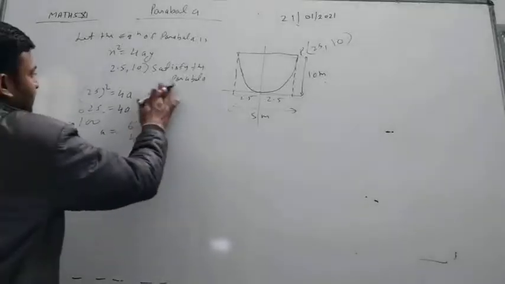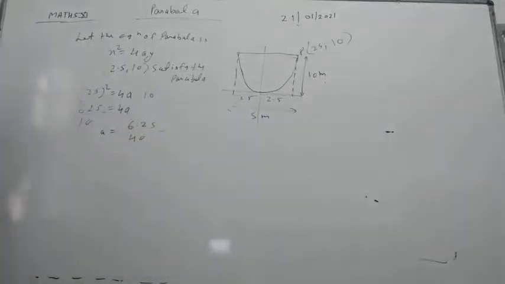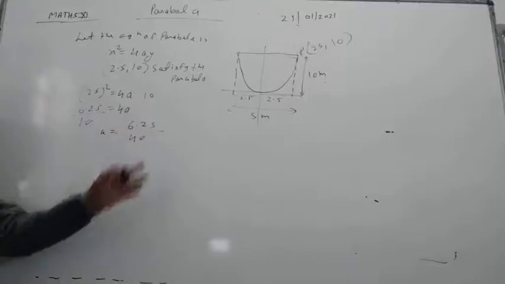Sorry, here it is just 10, so it will be 10 and now this will be just 40. So 4a times 10 gives 6.25, and 4a is 6.25 by 10. Okay, so a is 6.25 by 40.